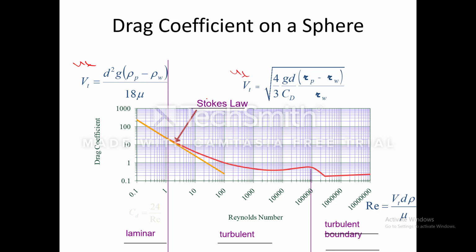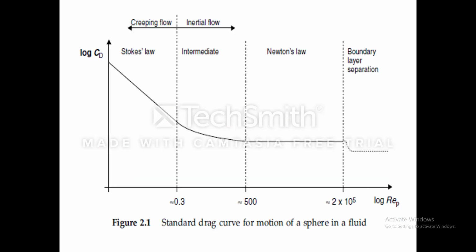The first area, which we call Stokes law: the fluid here is laminar and Reynolds number is small. In this other place, the flow is turbulent, with a turbulent boundary layer. So if we take log Reynolds of the particle and log Cd, we will also see 4 places.